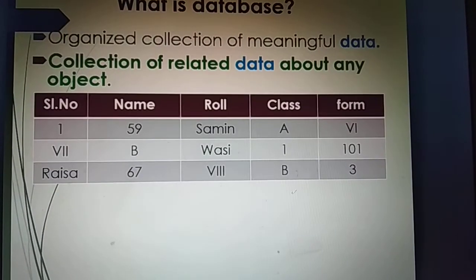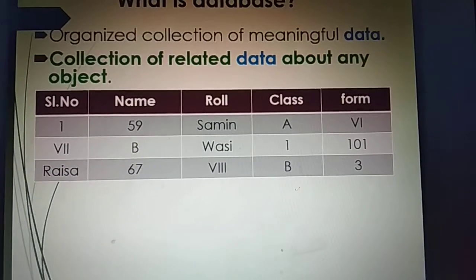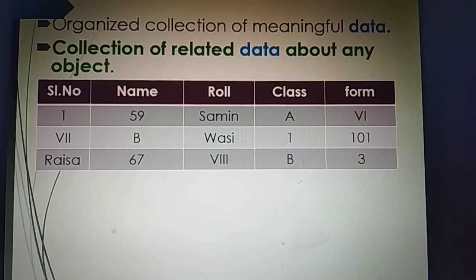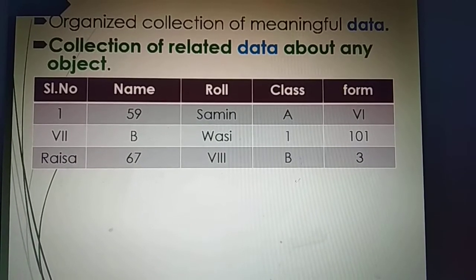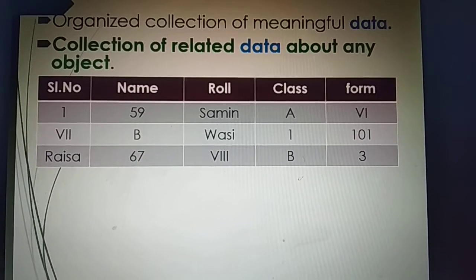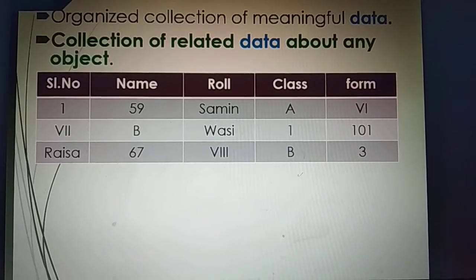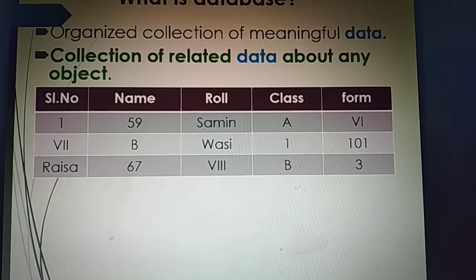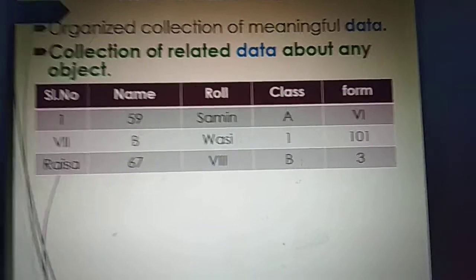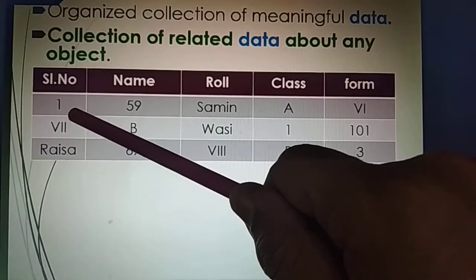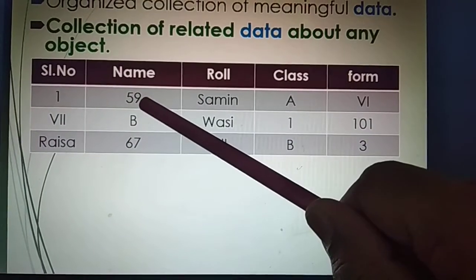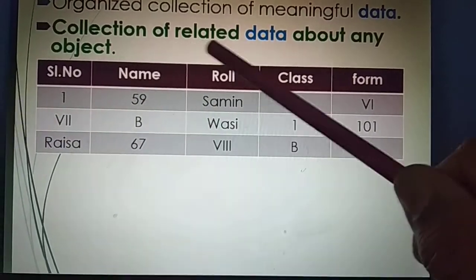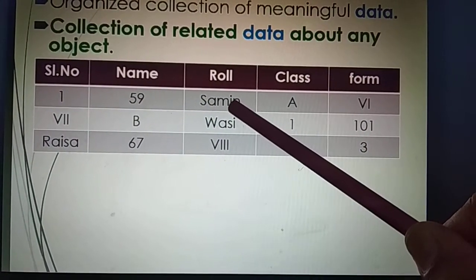See the example here. In this example we have many data, but if you clearly observe, these data are not arranged in a proper way, or you can say organized way. Like in first field, here is serial number 1, name 59, this is not correct. Roll Samin, this is also not correct.